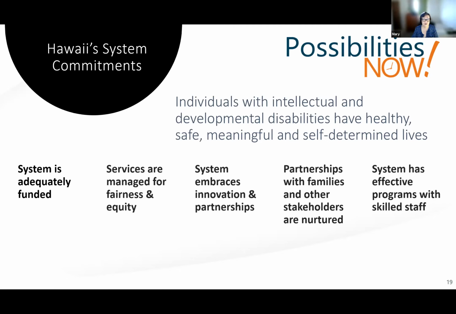And then our commitments are that the system is adequately funded, our services are managed for fairness and equity, that the services that people get are fair and equal across people with common needs, that we embrace innovation and partnerships, and that partnerships with families and other stakeholders are nurtured, that we work on them. And the system has effective programs and skilled staff, which was something we heard loud and clear in the Santa Summit from families. The next slide.